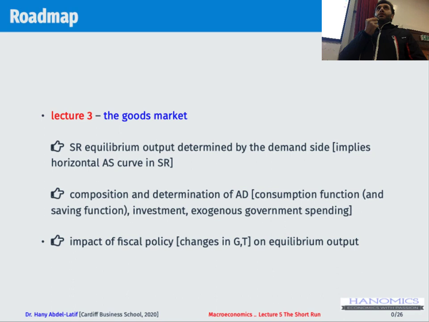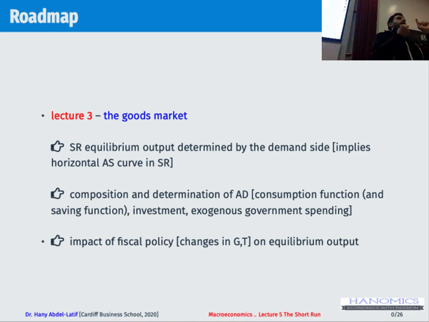This is exactly what we did last week and the week before. We've been mainly talking about the short run, which means that output is determined mainly by the level of aggregate demand. That's why in lecture 3 we started talking about the consumption function and the saving function.